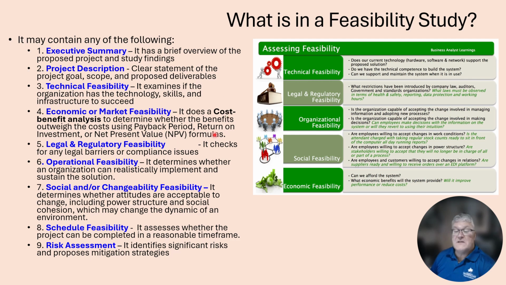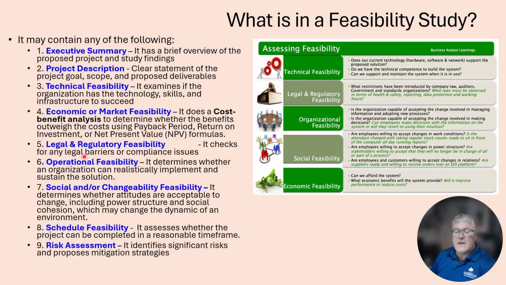Economic or market feasibility. It often has a cost-benefit analysis to determine whether the benefits outweigh the costs, and there's several other methods that can be used to determine this. Actually, the assignment that goes along with this, I have detailed calculations of how to do these step by step. Next, legal and regulatory feasibility.